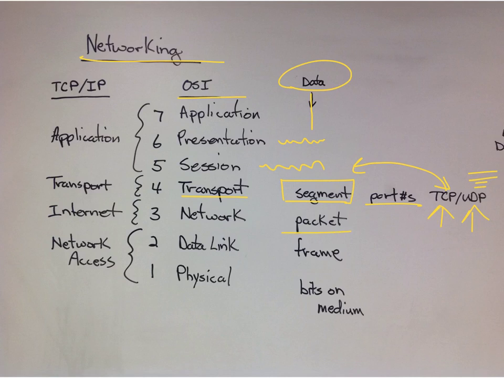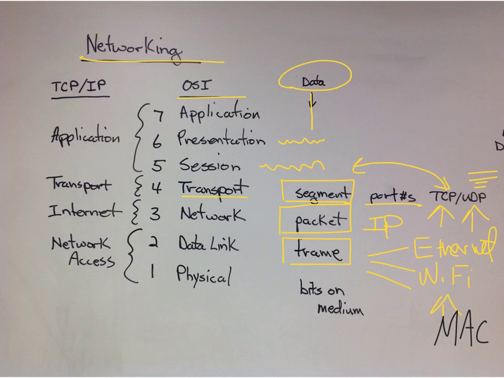Network layer, we create a packet. IP addressing, that's IP. Data link, we have a frame, and the addressing depends on what type of data link. Right now we would be either Ethernet or Wi-Fi, and so those would be a MAC address.